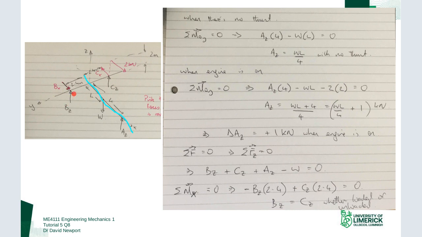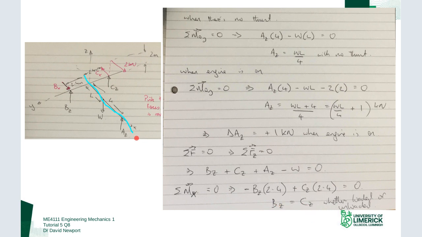So I have BZ times 2.4, which is going in the clockwise direction around it, so it's minus, plus CZ times 2.4, which is going in the anti-clockwise direction, so that's positive, equals 0. And none of the other forces are causing rotation about that axis. So that gives me the simple result that BZ is equal to CZ.